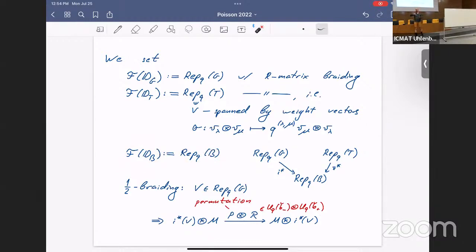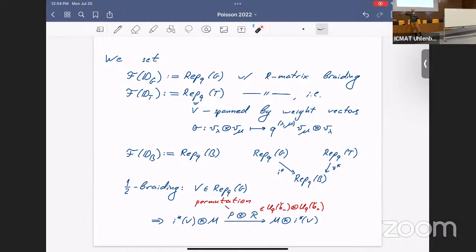Now, since I had maps from B to G and T, I have maps backward from RepQG and RepQT to RepQB. And the half braiding works literally like that. If I take V in RepQG or RepQT, it's your call, I will say it's in RepQG. I first map V to a UQB module, tensor it with another UQB module. And then I want to swap them.